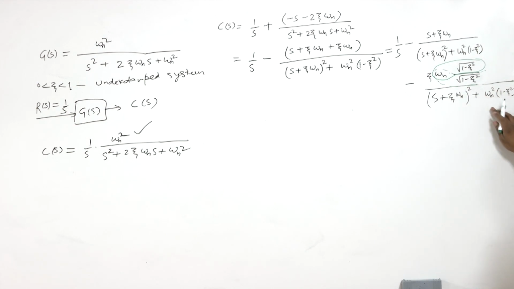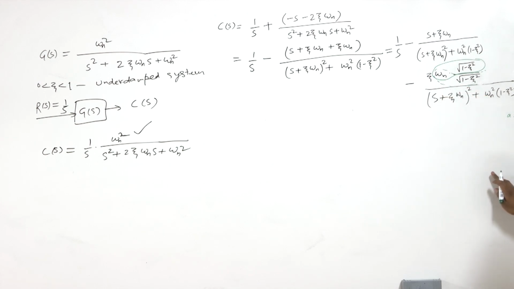So if we say a equal to omega n root 1 minus zeta square, we can say this is a square and this is s plus zeta omega n whole square.